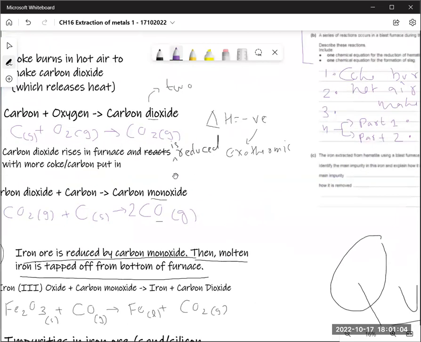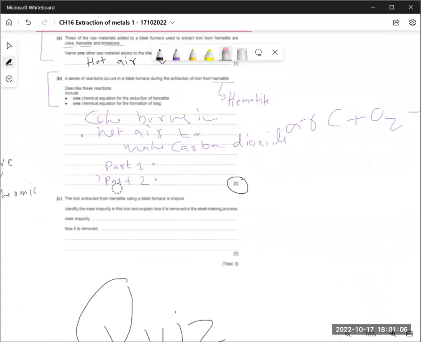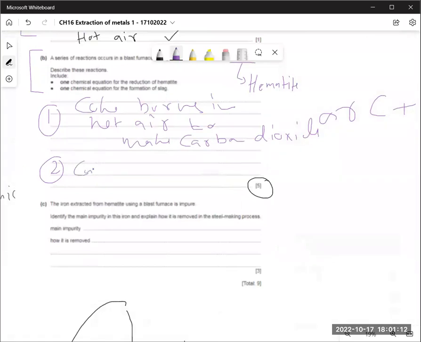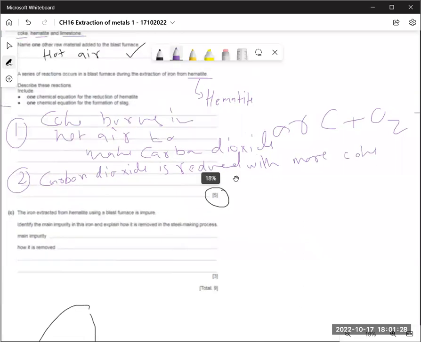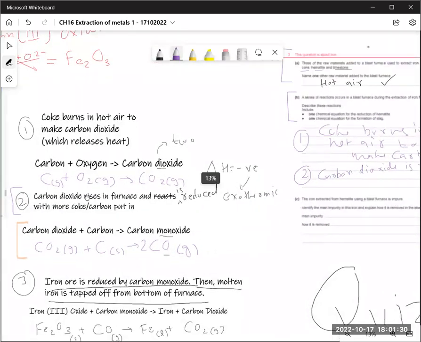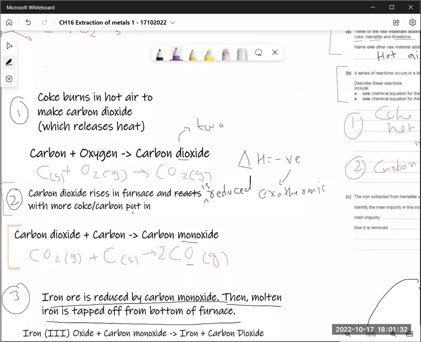So this is the first mark, 1 mark done. For the second mark, we'll write carbon dioxide is reduced with more coke put in. That's what's written here.